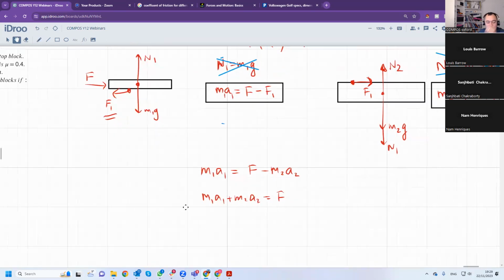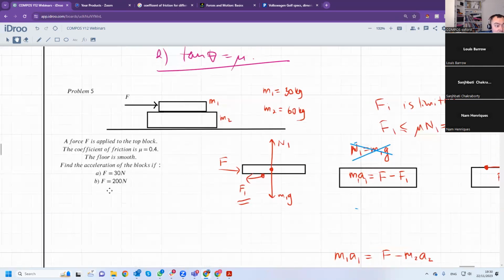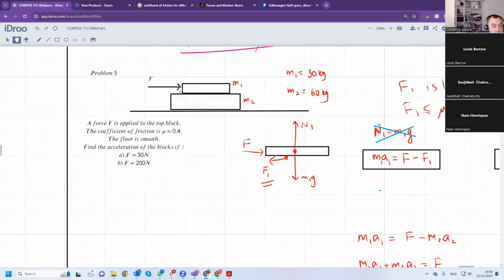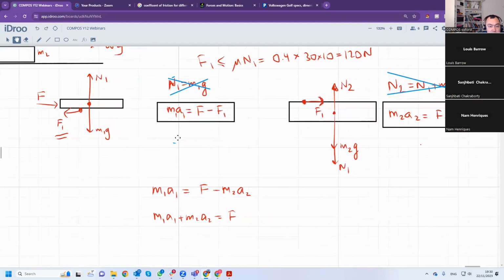So we want to find the acceleration of both boxes, but we need to assume that they're not sliding past one another. And with a smaller force, it looks like it's not. The force with which you're pushing is 30 newtons.